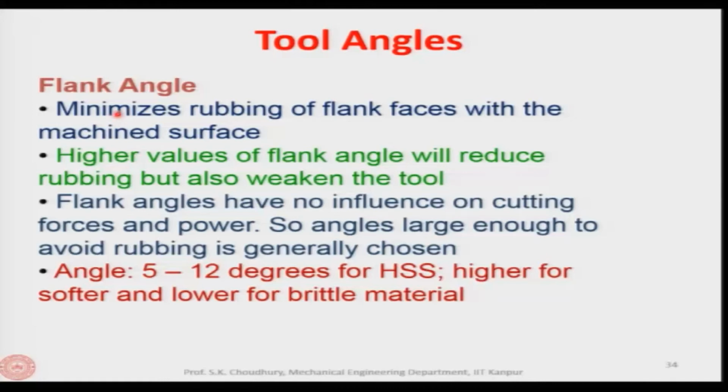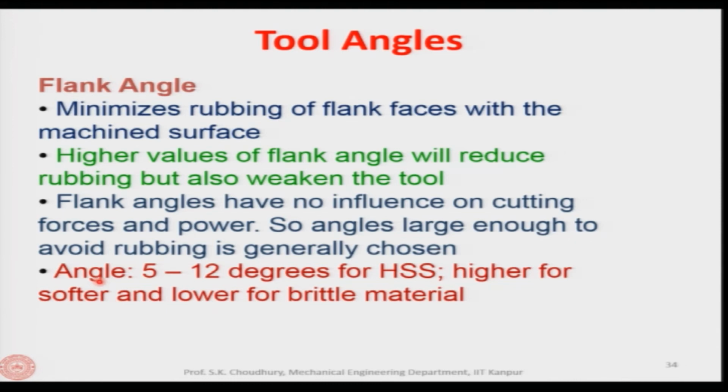These are the things which are described here. Flank angle minimizes rubbing of flank faces with the machined surface, as I explained to you. Higher values of flank angle will reduce the rubbing, but also weaken the tool. Flank angles have no influence or almost no influence on cutting forces and power. So, angles large enough to avoid rubbing are generally chosen.